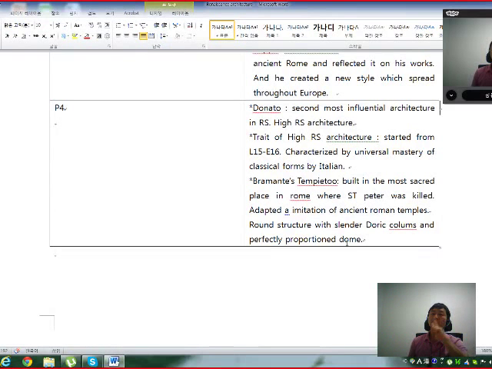If you can remember those three words, it's an easier way to summarize. When they say Doric, it's just the name of the column. So we should memorize the words round, columns, and dome. That way it's a little easier to memorize.